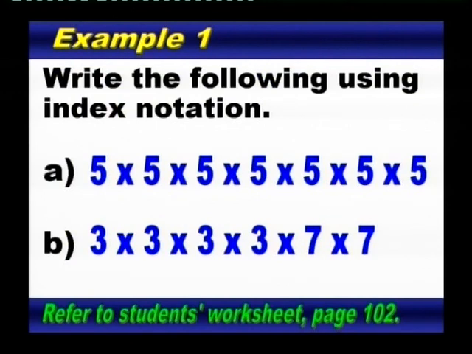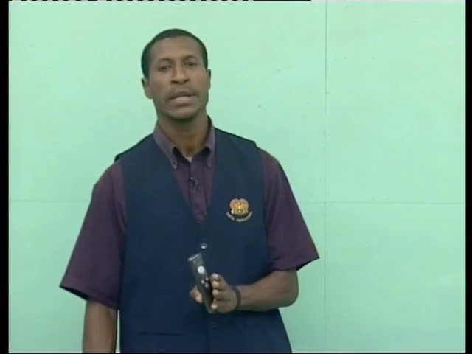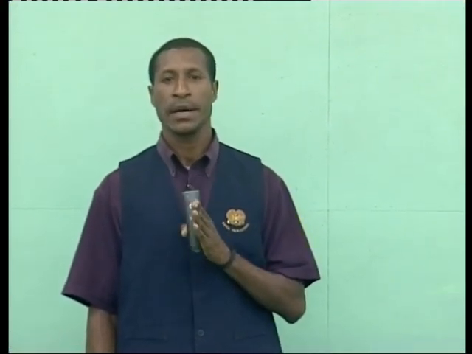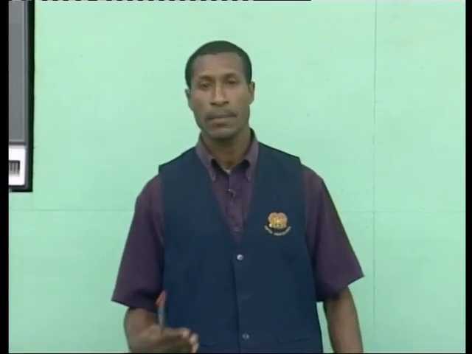In other words, we will try to express those repeated multiplications, or numbers which have been repeatedly multiplied, in index notation. Now students, how do we express those numbers which are repeatedly multiplied in index notation?